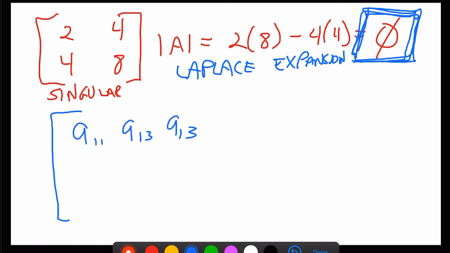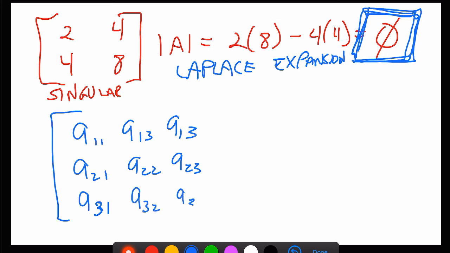Well, a 3 by 3 looks like this. And again, those are A's, not 9s. Everybody with me on this?